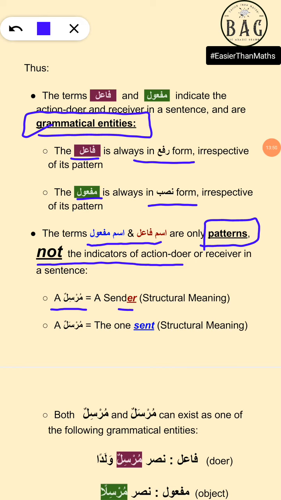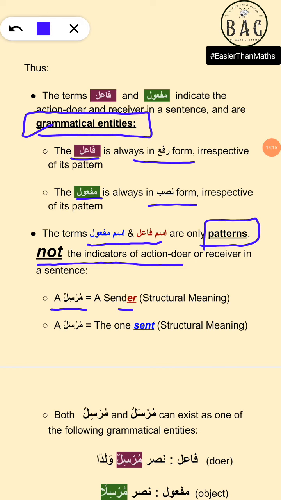It can be used as a rafa form, mursilun. It could be used as a nasab form, mursilan. And it can also be used as the jar form, mursilin. But in all the scenarios it is going to have the same meaning, sender, but its grammatical labeling would be different.